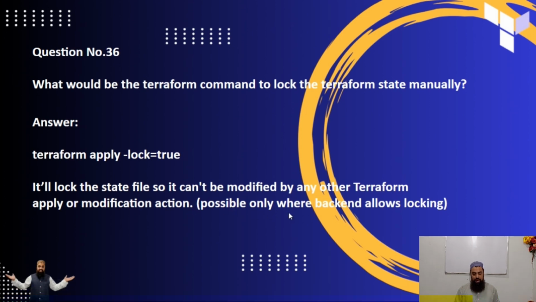Possible only where the backend allows locking. When we have a remote backend and we have enabled state locking, this command can be used. Terraform apply lock is equal to true, and if we don't want to have it manually, then we can use lock is equal to false.